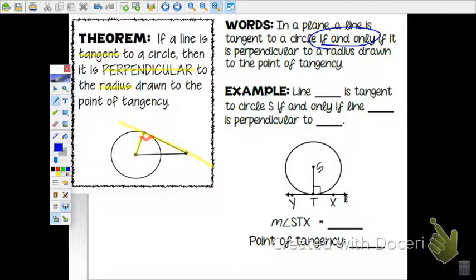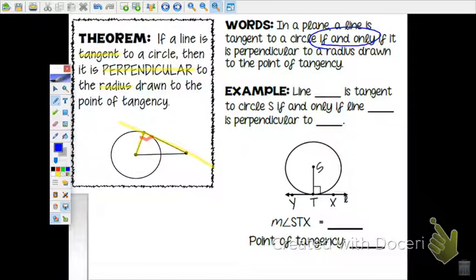So looking at the example inside, it says line. When I look to name this line, I have several options. We know from before, any two points on the line with the line symbol, or with this one, we also have this lowercase scripted letter. So we can use the word line with that scripted L to name the line.